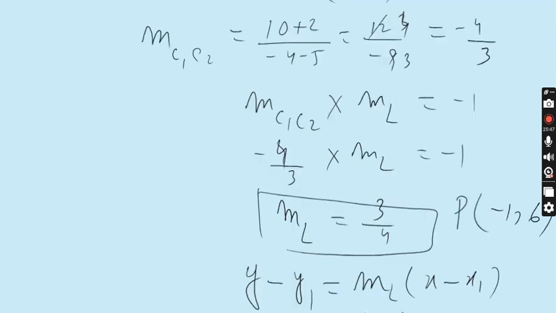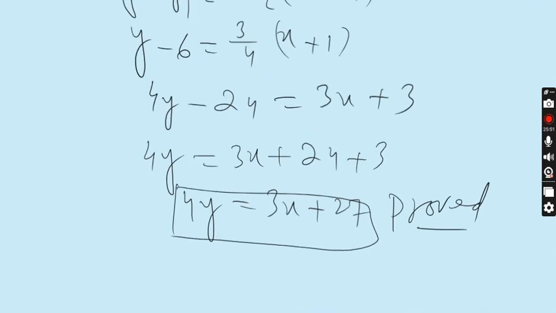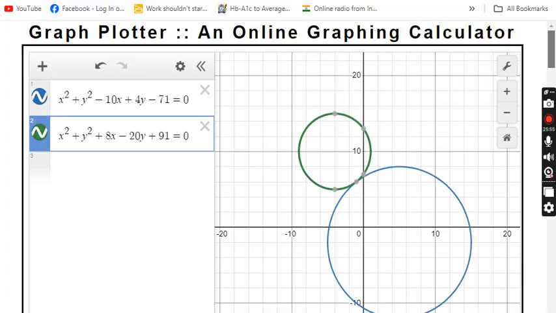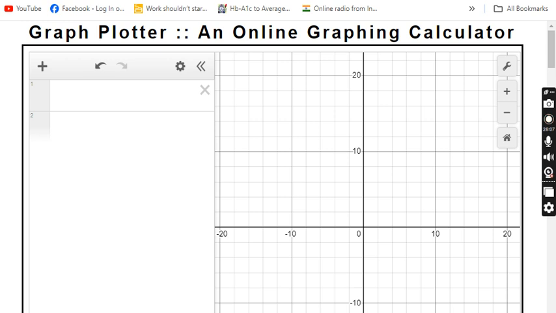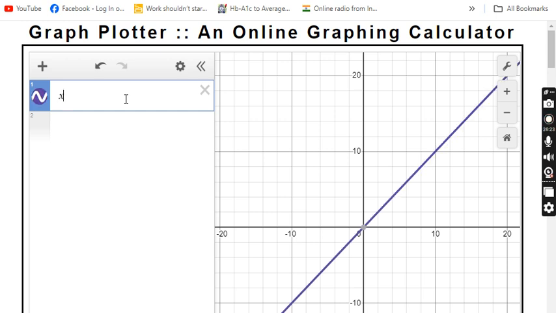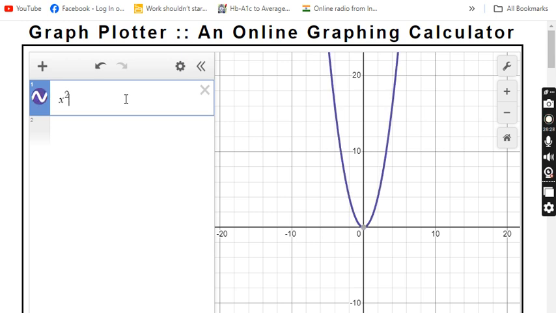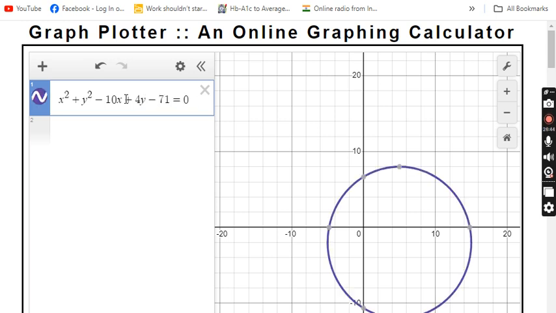So this is the whole question, and now I am going to show you in picture format overall. x square plus y square minus 10x plus 4y minus 71 is equal to 0.